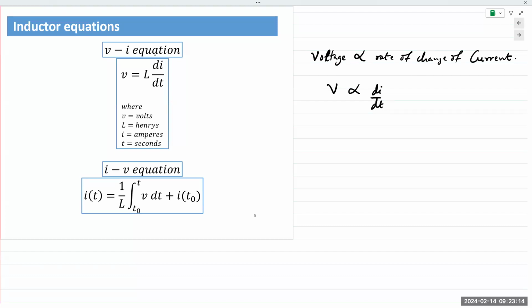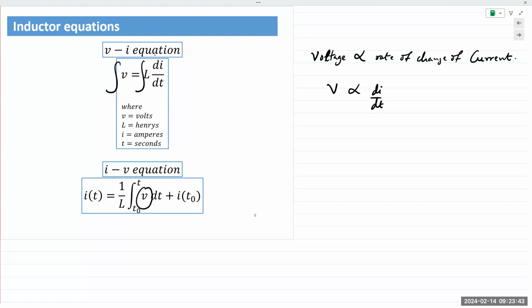The flip side of that is if you're given the voltage and you wish to find the current, you simply integrate both sides. L is a constant, so it comes outside, you integrate the current, you take everything else on the other side, and you get the integral of V with respect to t.